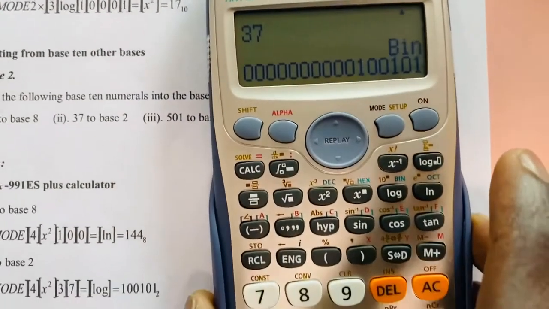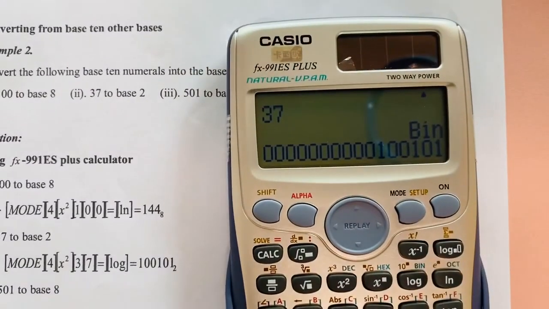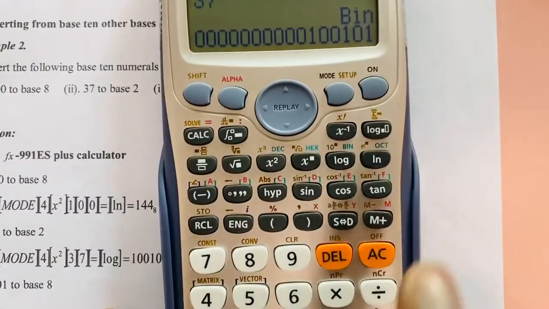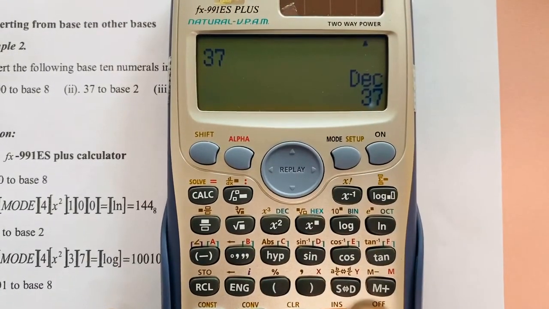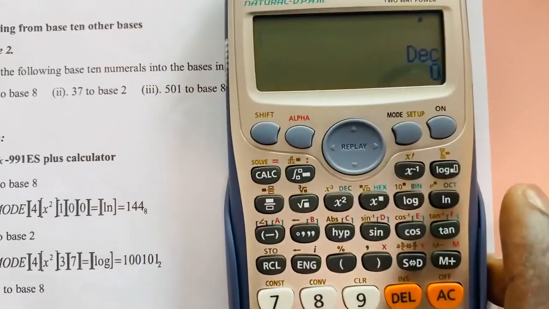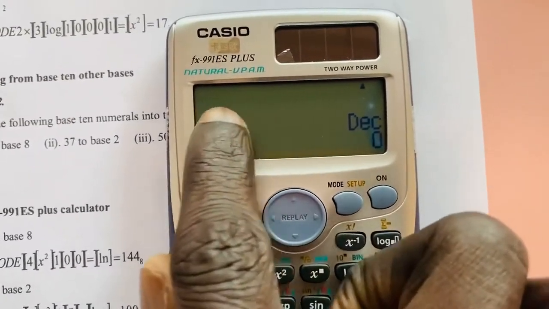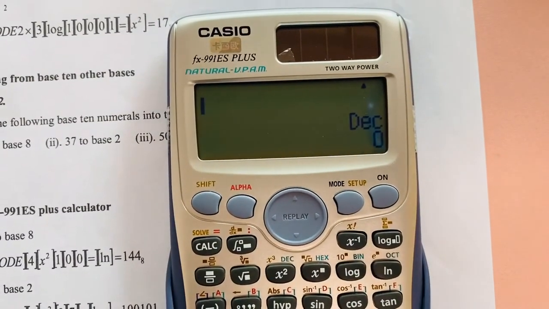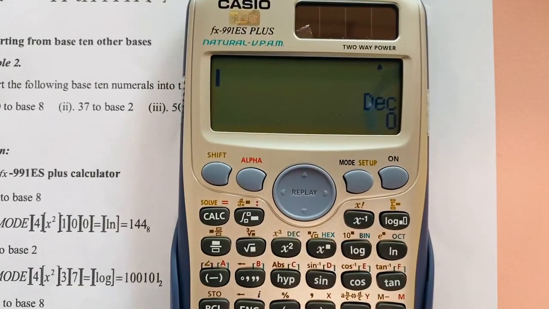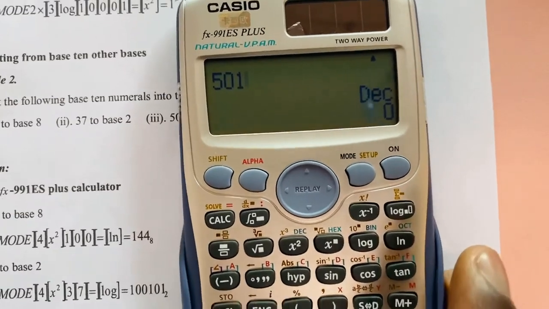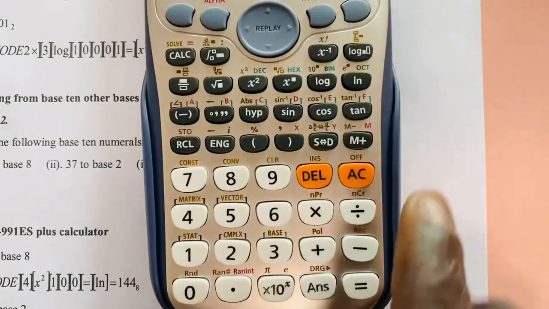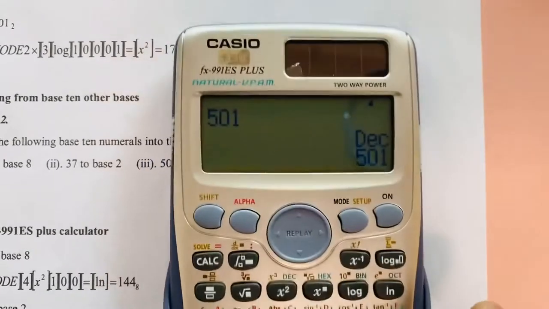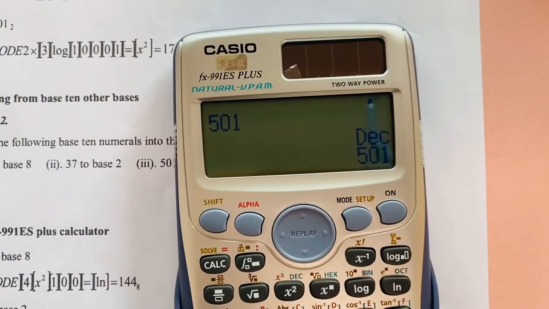Now let's take the last one as a base 8 here. So you need to change to base 10 here, and you go to AC and you enter your value. This gives you the access to enter the base 10, which is 501. Okay, 501, and you go to the equal sign. When you go to the equal sign, it activates this for you.